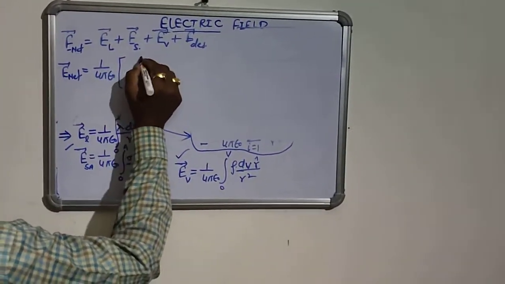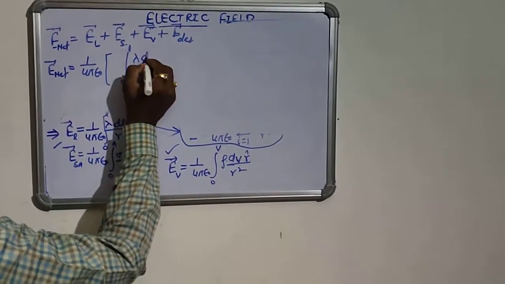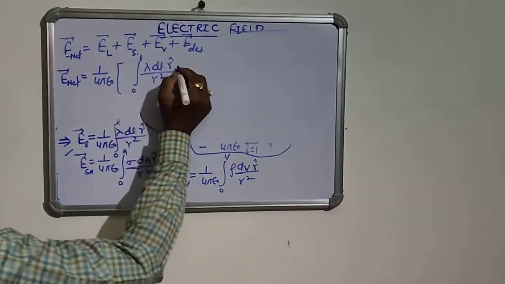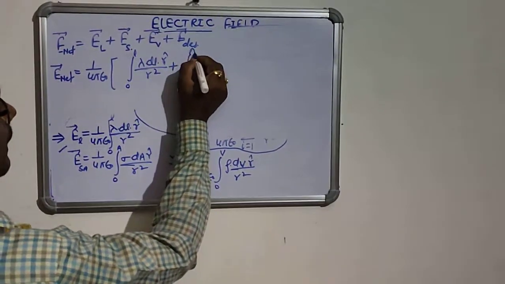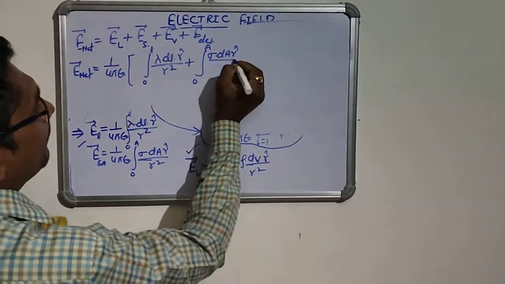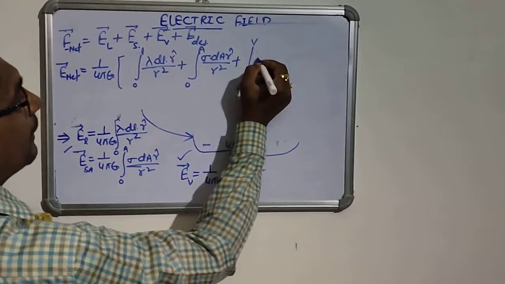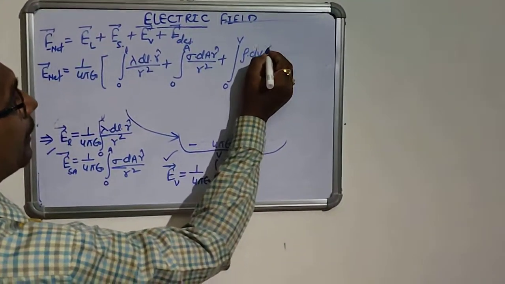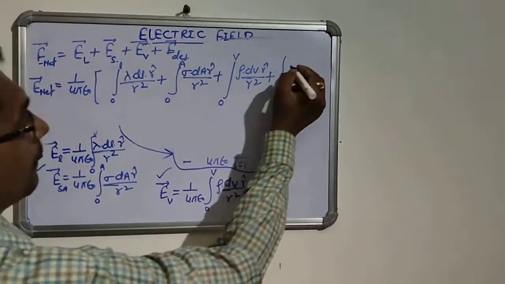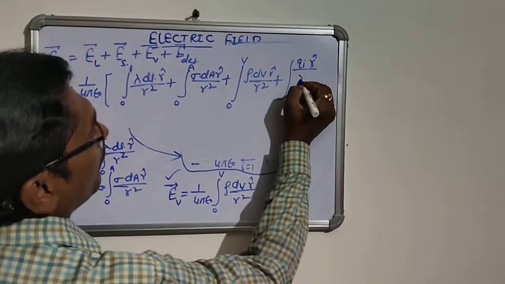So we can write 0 to L lambda dl r cap upon r square. This is for linear. Plus 0 to A, sigma dA r cap upon r square, plus 0 to V rho dV r cap upon r square, and plus, this is for the discrete manner, Qi r cap upon r square.